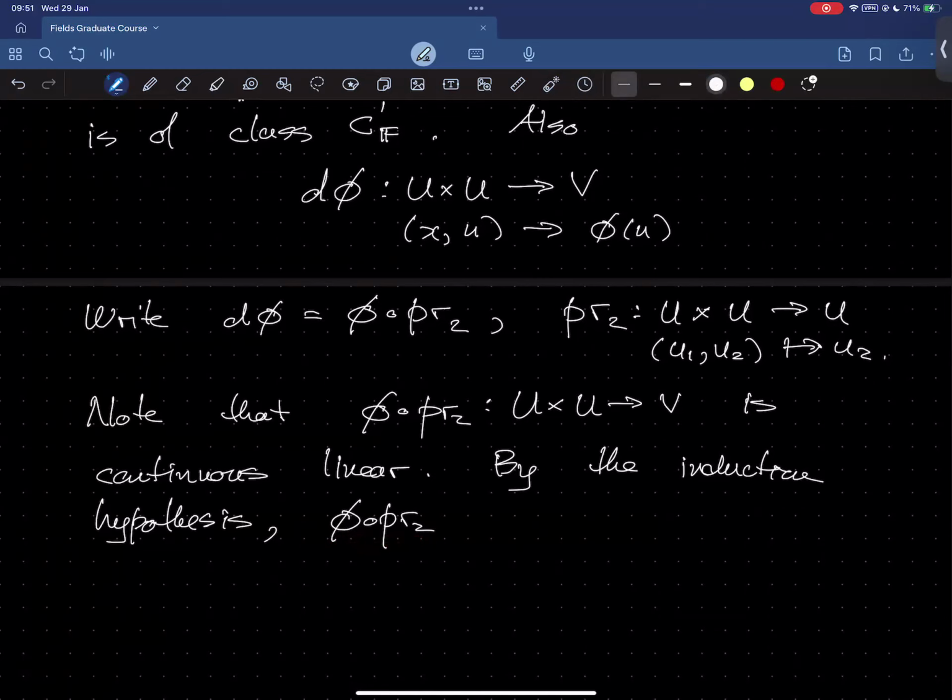Okay, so by the induction hypothesis, this is of class C^m, and therefore we conclude that phi is of class C^(m+1).